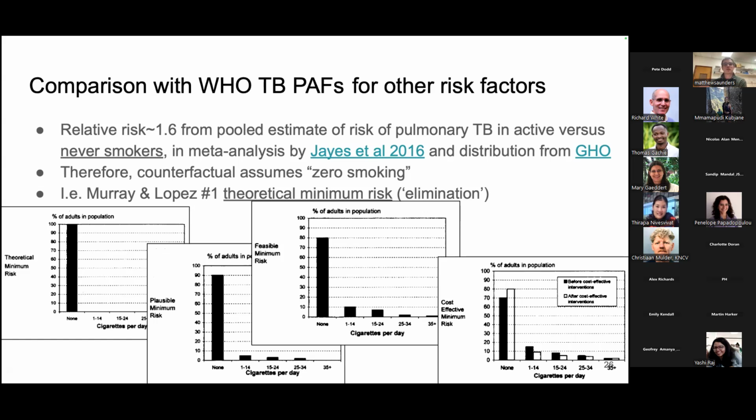And so the counterfactual scenario there is this graph on the left-hand side, which is that there's no smoking in the population. And that really corresponds closest to Marianne Lopez's theoretical minimum risk elimination of the risk factor. And we think our base case scenario is probably closest to that, as opposed to those other scenarios that I presented.